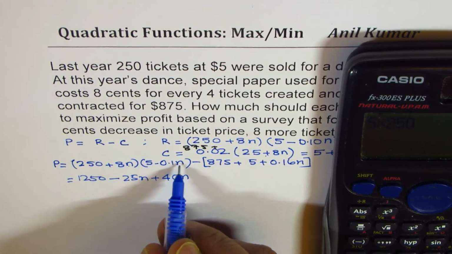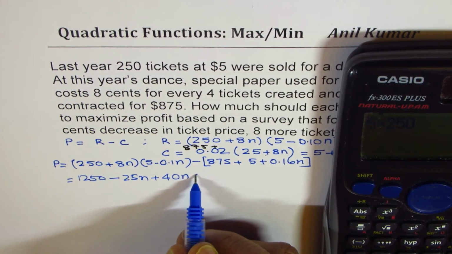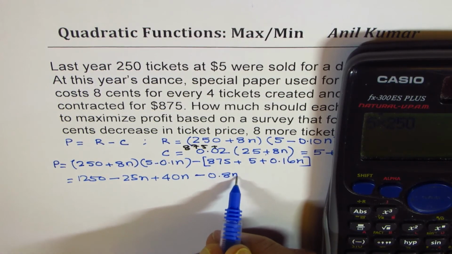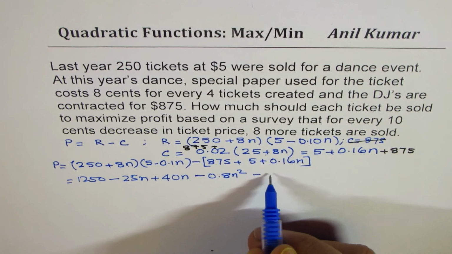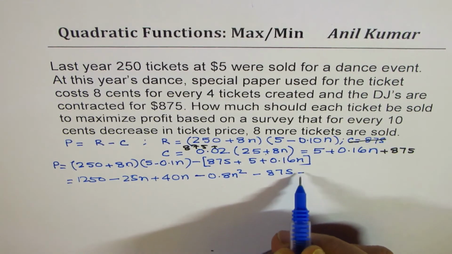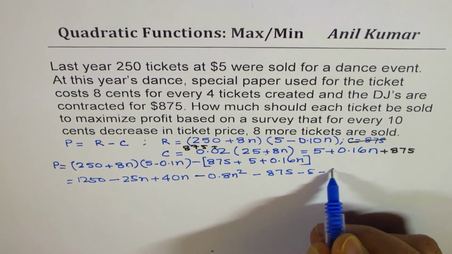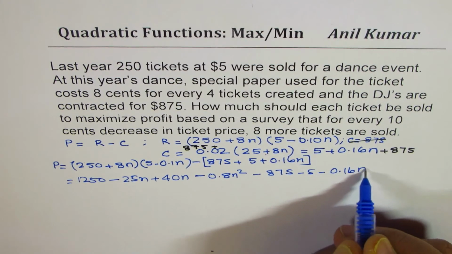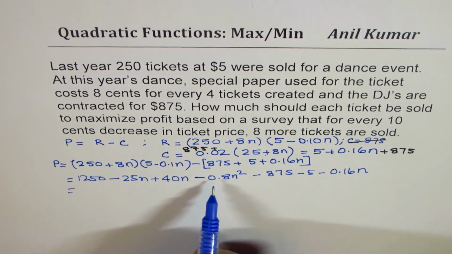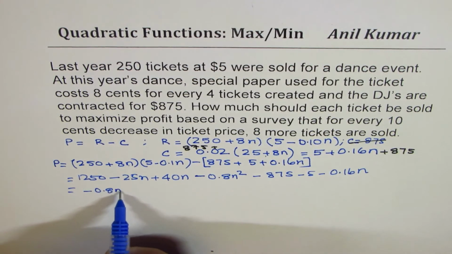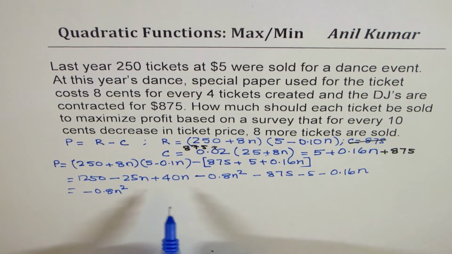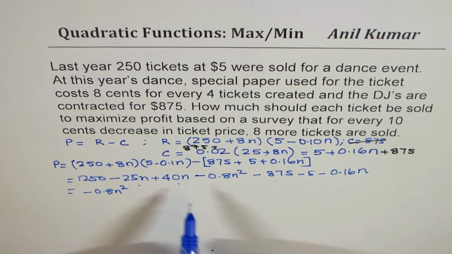And 8 times this is n squared, plus minus 0.8n squared. Now if I open this bracket, I get minus 875 minus 5 minus 0.16n. So as far as n squared is concerned, we have minus 0.8n squared. N values, there's these three.